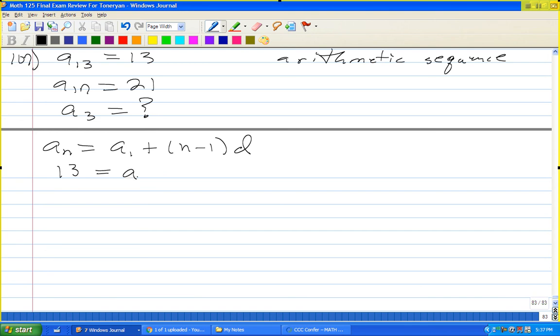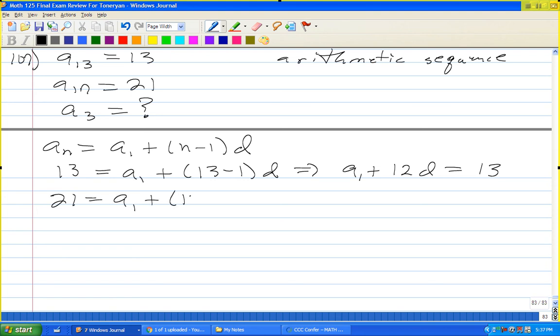So, I don't know the first term, but I know n is 13, and I don't know the common difference. So this says that a1 plus 12d is 13. Similarly, I know that the 17th term is 21. I don't know the first term, but I know it's the 17th term in the sequence. And so I know that a1 plus 16d is 21.